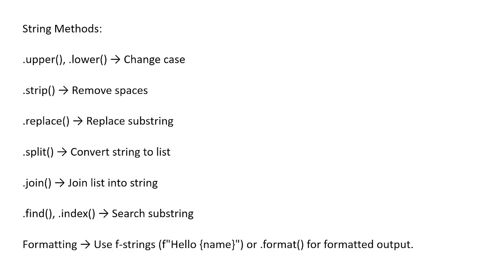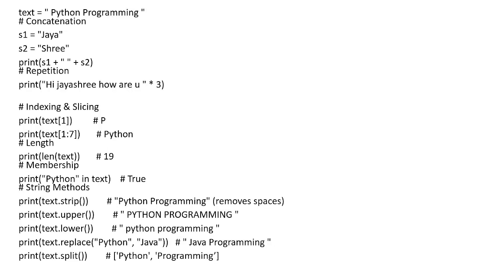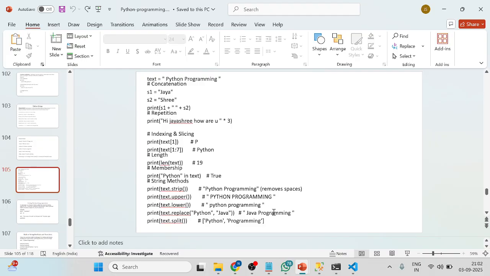An f-string is for formatting the string, how the input should be given and printed in formatted form. So here is an example using concatenation, indexing, length and membership. I am going to share this one.